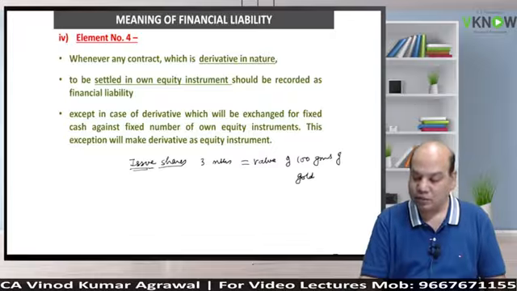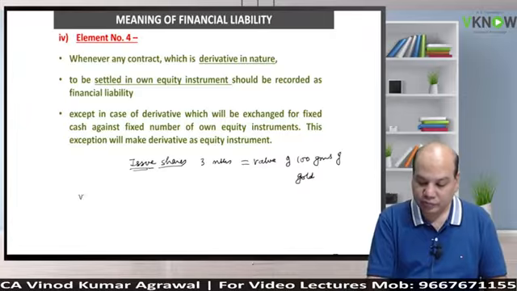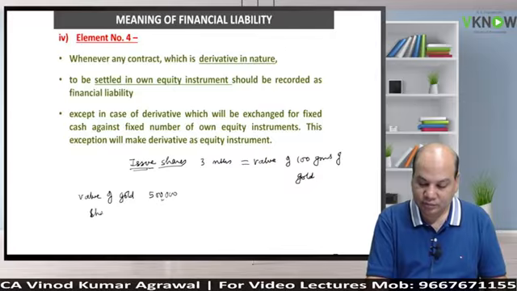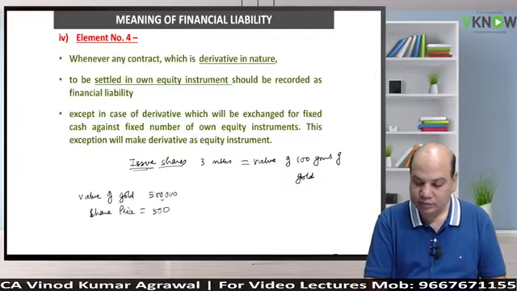Now see what happens after 3 months. The value of 100 grams of gold is 5 lakh. Share price is suppose 500. So the number of shares to be issued is how much? 1000.